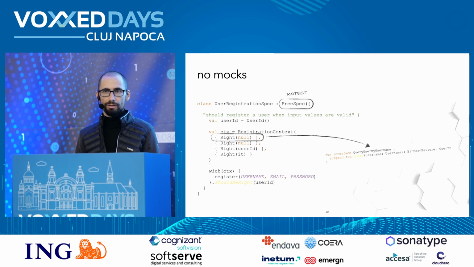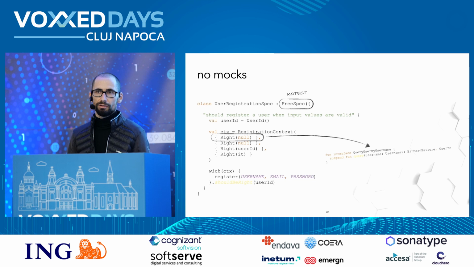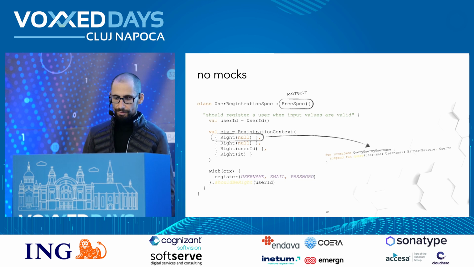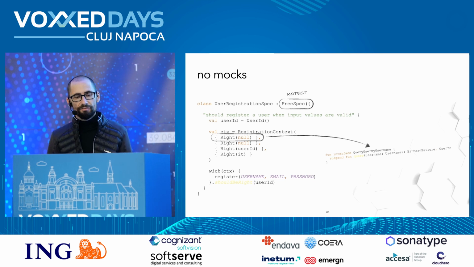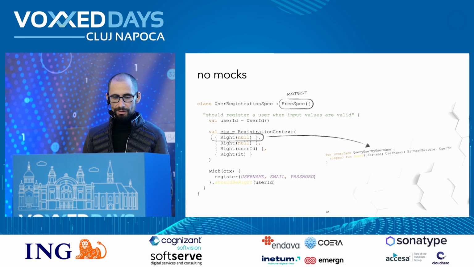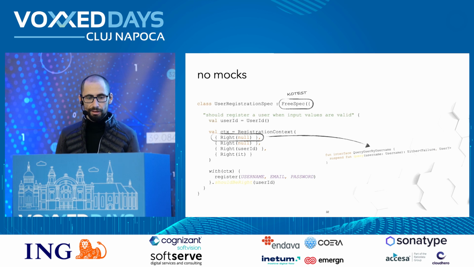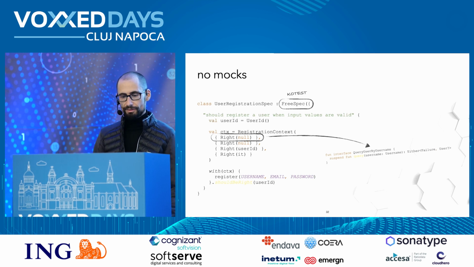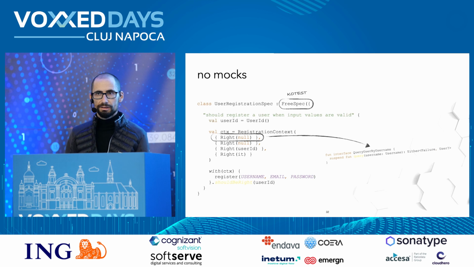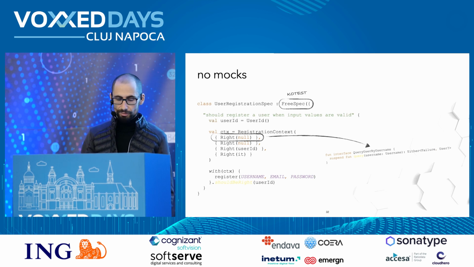This is possible because of delegation and because of the Kotlin compiler that can help us with this. And assuming that the username, email, and password are valid values from the business perspective, we should get back an Either on the right side with the user ID. Because, if you see, the third argument is an Either that has on the right side the user ID.